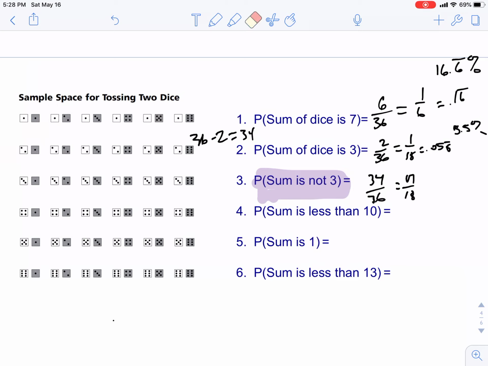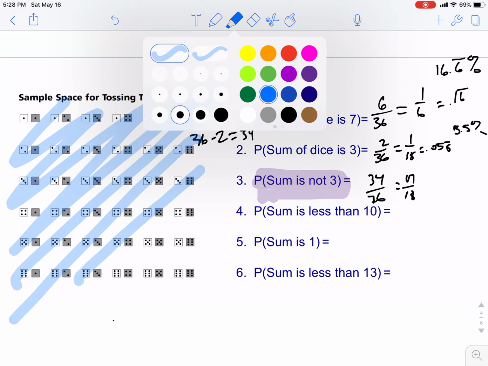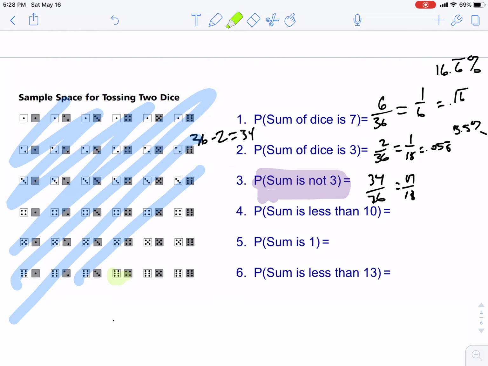What's the probability the sum is less than 10? Okay, so you can count up all the numbers that are less than 10. It's going to be all these ones, right? I'm not going to count all of them. I'm going to count the ones that are 10 or higher. Here's 10, here's 11, here's 12.